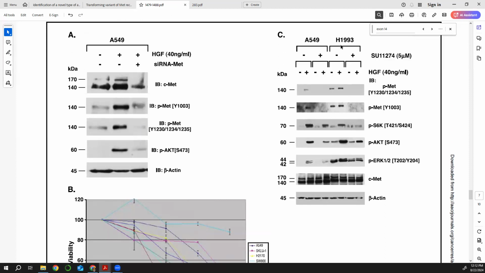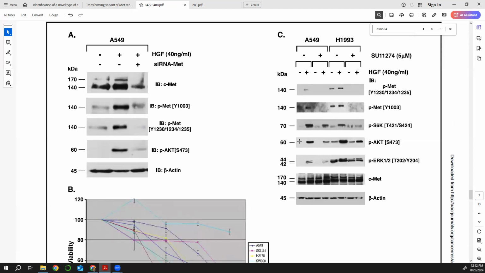Now looking at these two different cell lines, you see that this one, the wild type, in the absence of inhibitor and growth factor, there is no phospho-MET, or very little. No phosphorylation of S6 kinase, which is downstream of mTOR.